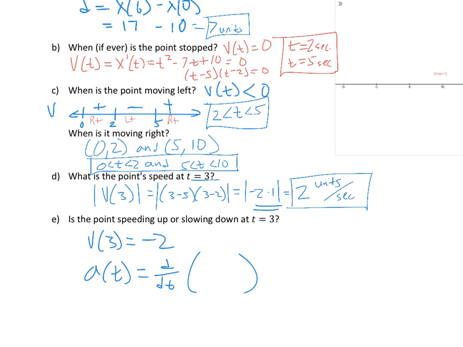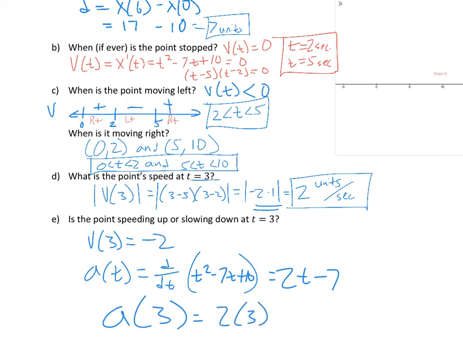Where's our velocity? It's up here, t squared minus 7t plus 10. Take the derivative, we get 2t minus 7. So what is a of 3? That is 2 times 3 minus 7, which is 6 minus 7, which is negative 1.